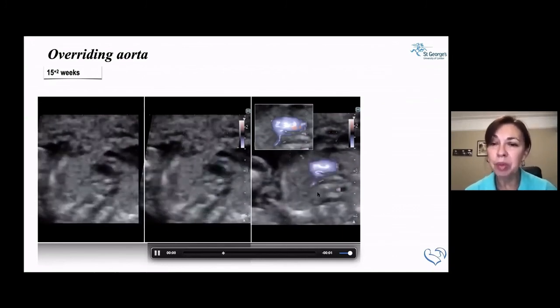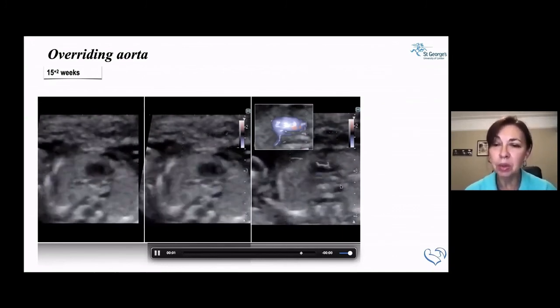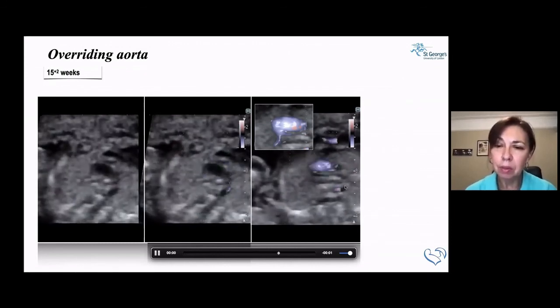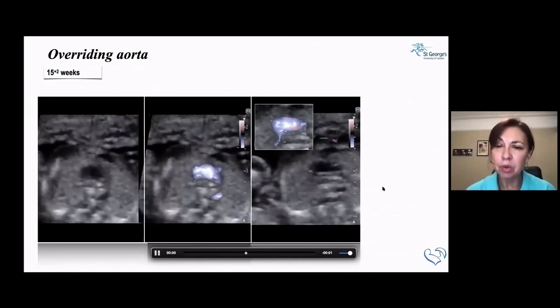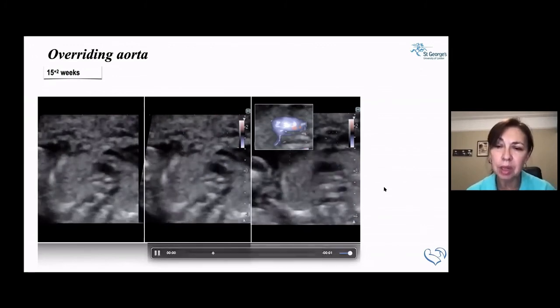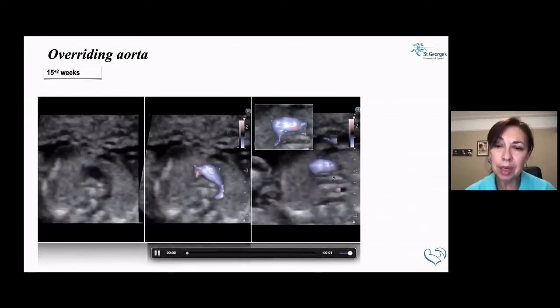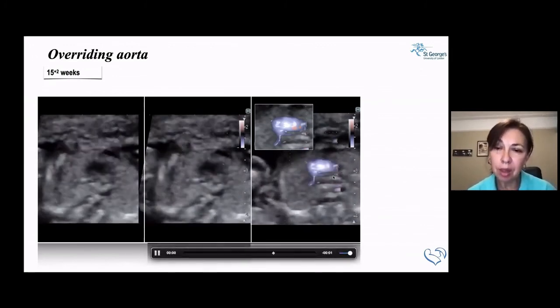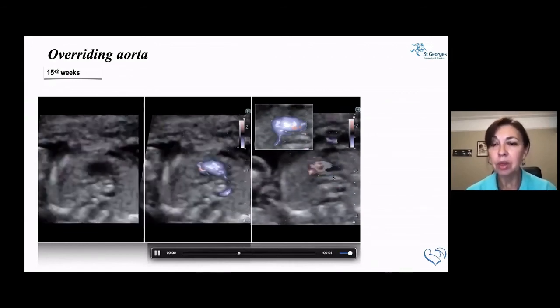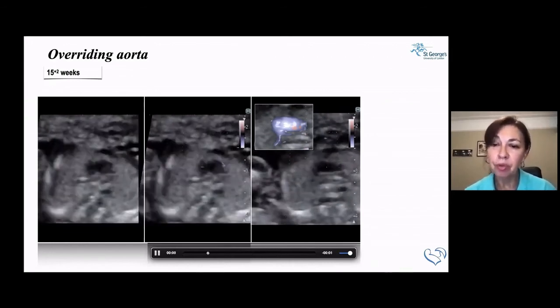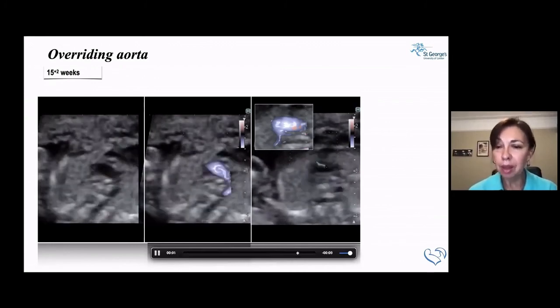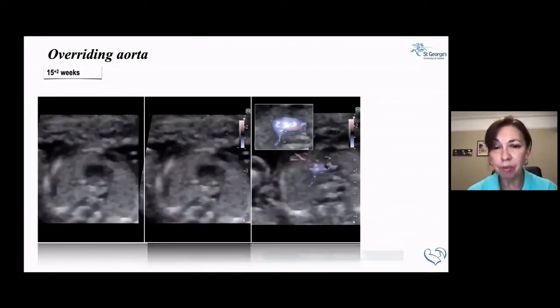It helps if the baby's in a good position, and obviously maternal BMI and the maternal condition helps as well. So it's a combination, but it's essential that we learn how to use these techniques in the normal heart, so that when we have an abnormality, we are used to it. Most of the time, we control the frequency for the color, the gain, and the velocity, the PRF.